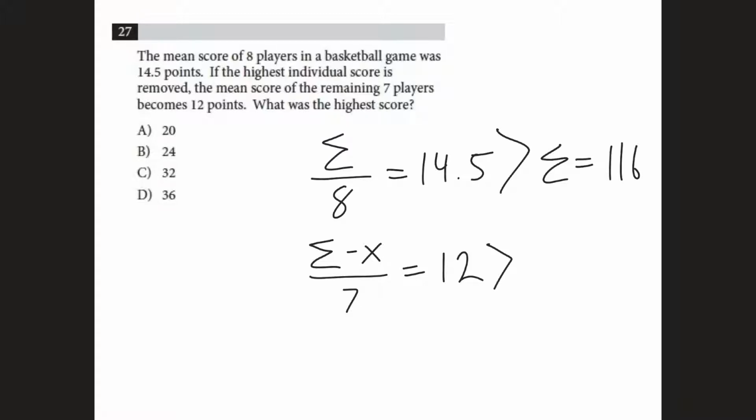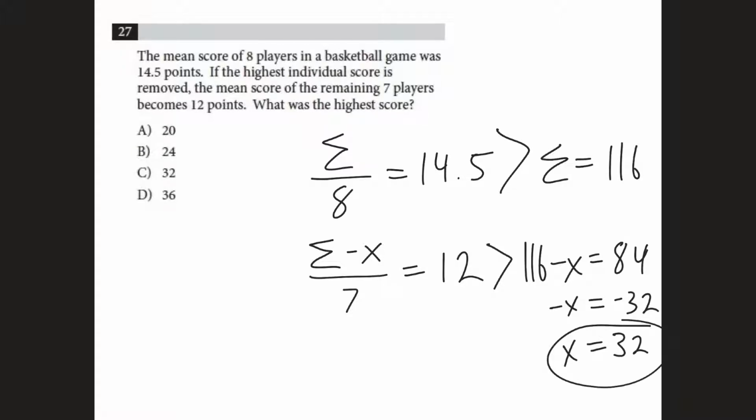We'll get the sum, which is 116, minus x equals 12 times 7. That's going to be 84. And then we have negative x. Subtract 116 from both sides, 84 minus 116, gets negative 32. So x must equal 32. So C is our solution.